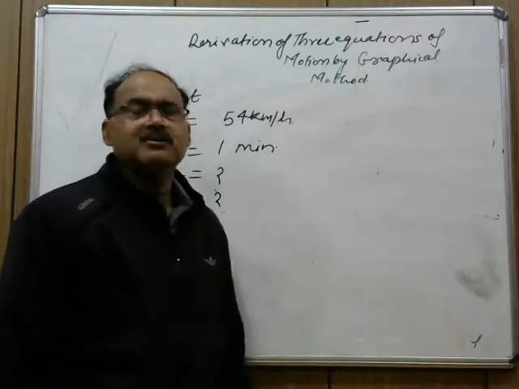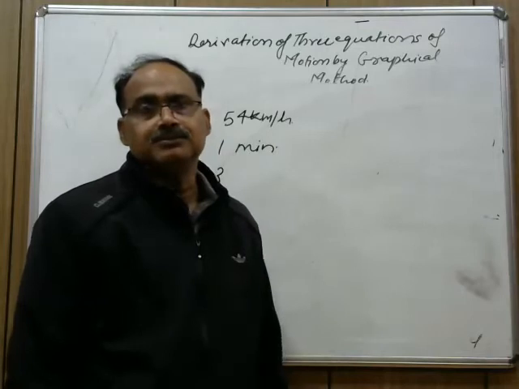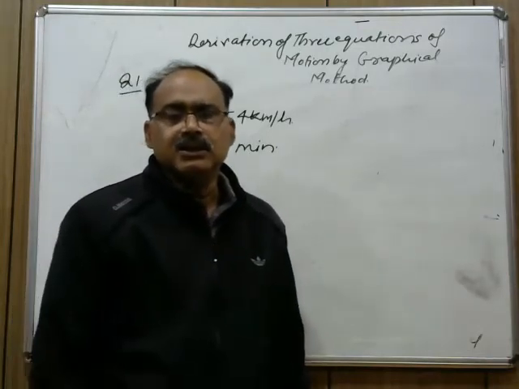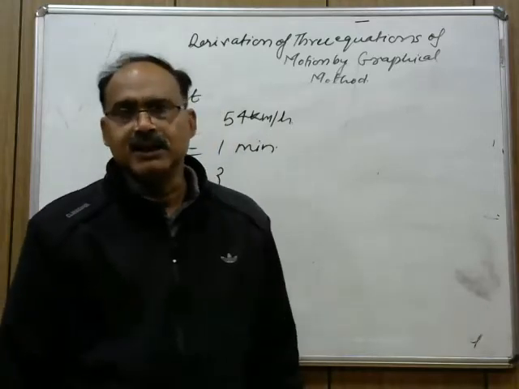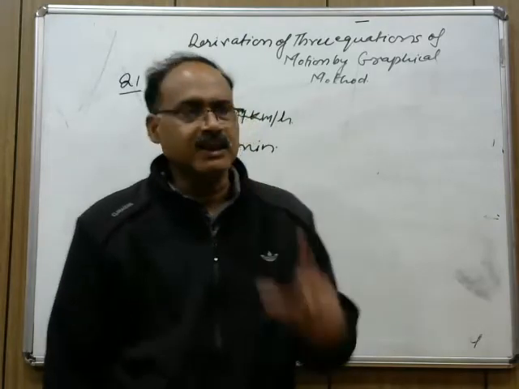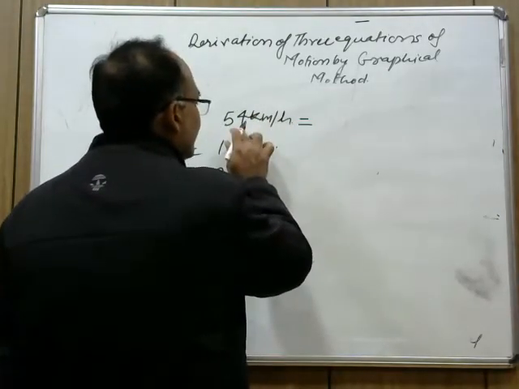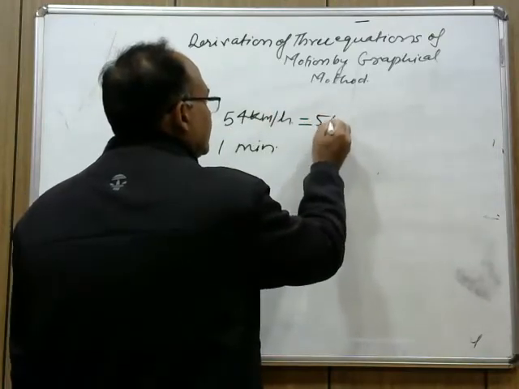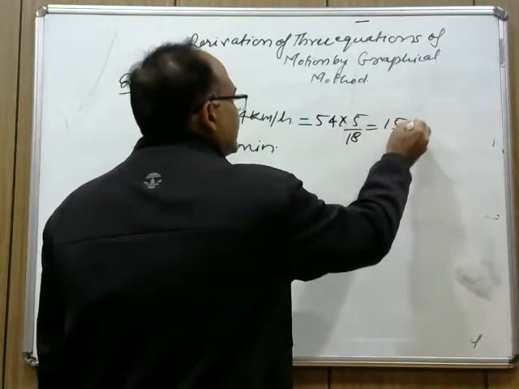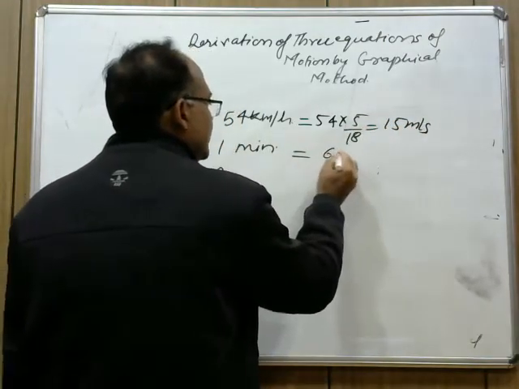So for solving the equations of motion, one thing is very important, that is you must work in the same system of units. You have to convert this 54 into meter per second, 54 into 5 by 18, that is 15 meter per second, and this time 1 minute is equal to 60 seconds.